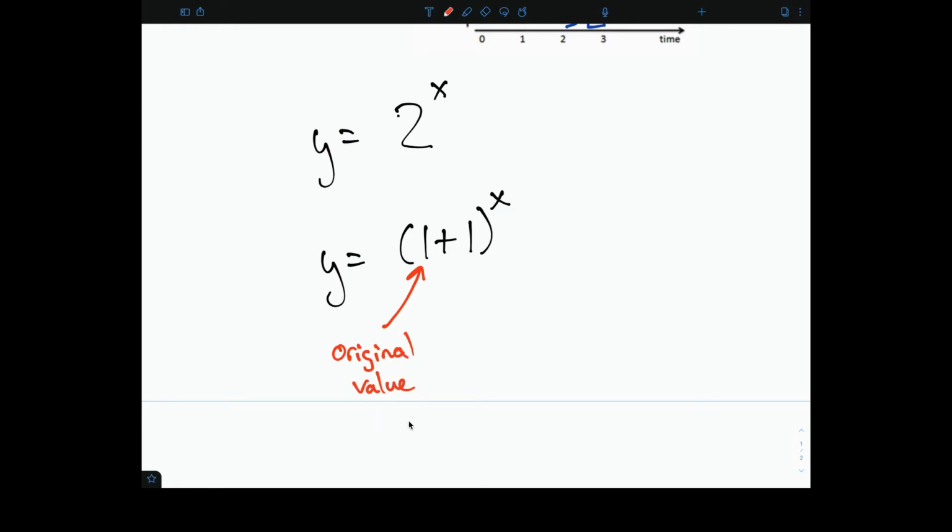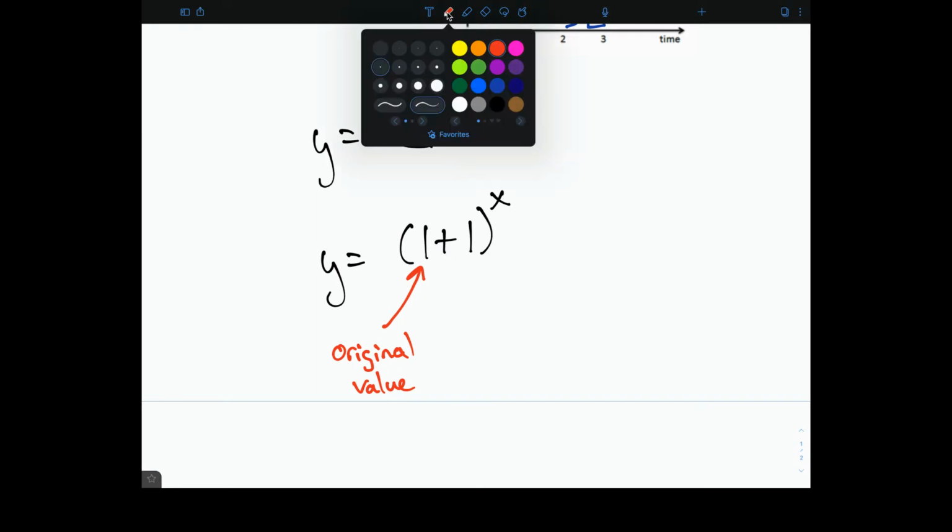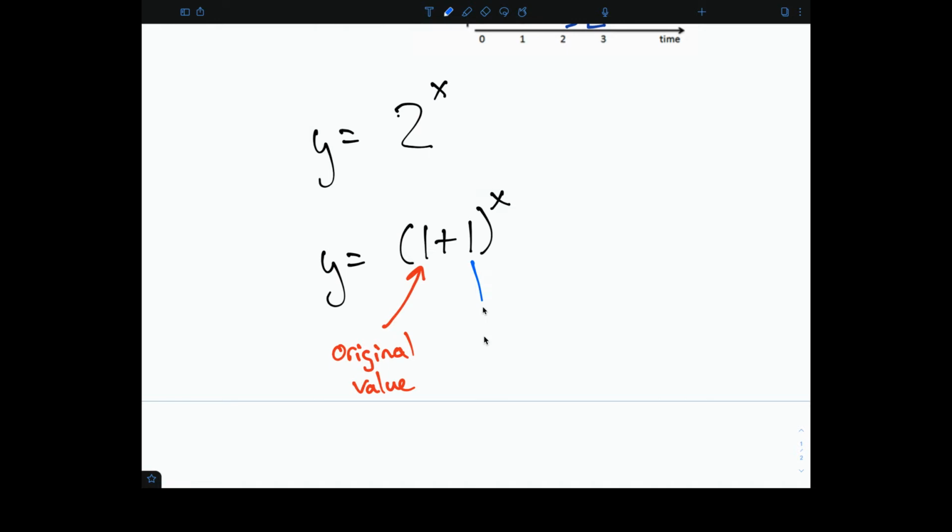In other words, if you have 100% of the original value, this second one represents the increase, right? So you grew at a rate of 100%. And that is precisely what doubling means. If you double something, you increase it by 100%.